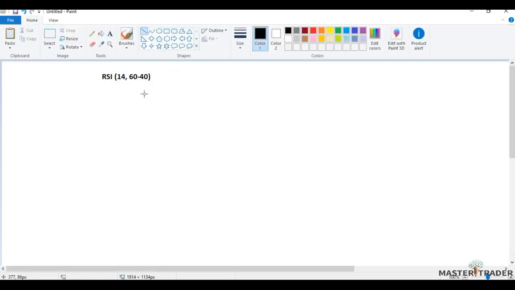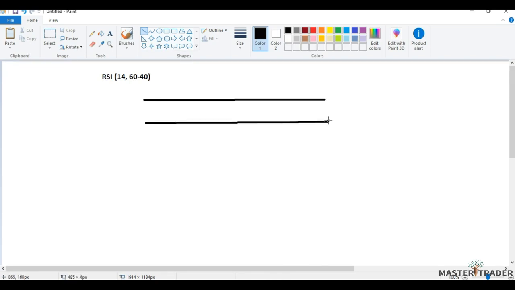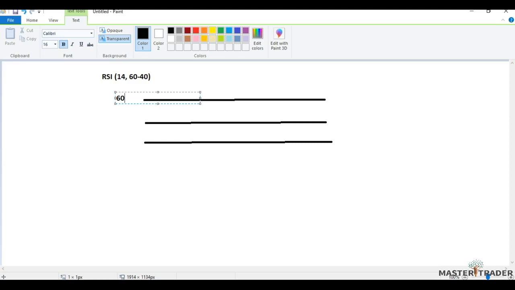So as we saw in the charts, we have the upper range, which is the 60 level. Then we have a mid range, which is the 50 level, which is also important. See, 50 is important because it's a psychological level. It's half. So in technicals, this half level holds a lot of significance.